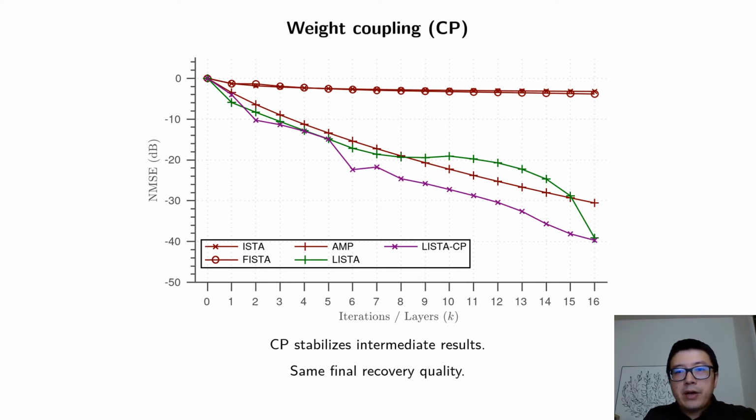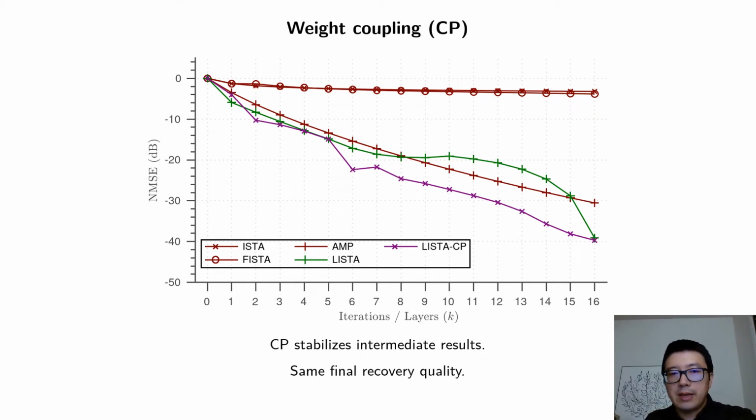And this is the comparison of recovery performance over the number of iterations or number of layers of several algorithms. These two red algorithms are ISTA and FISTA. FISTA is an accelerated ISTA algorithm, and they usually take a few hundred iterations to converge. So at 16 iterations, you won't see much progress. More progress is seen in these learned methods.